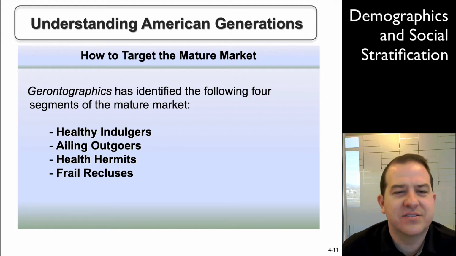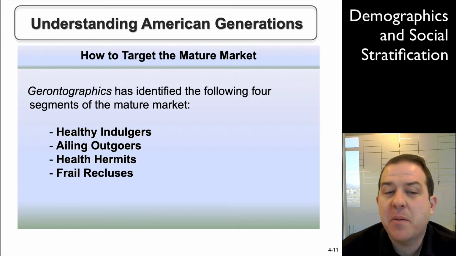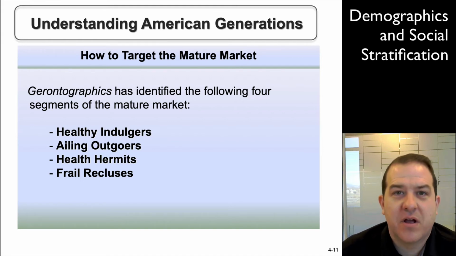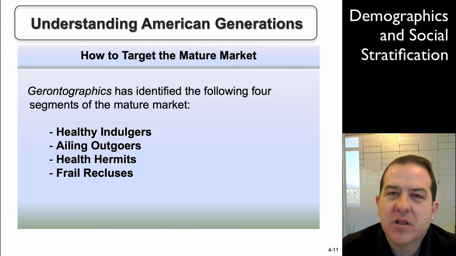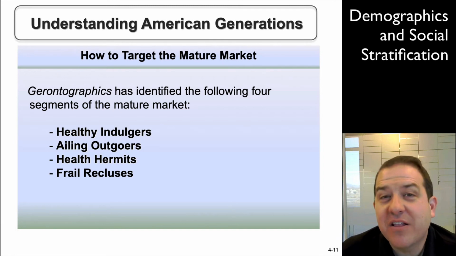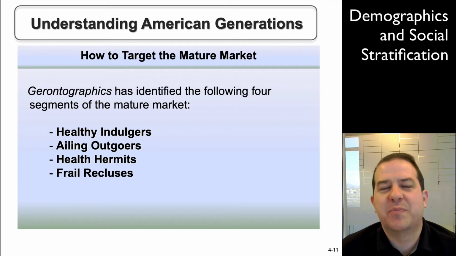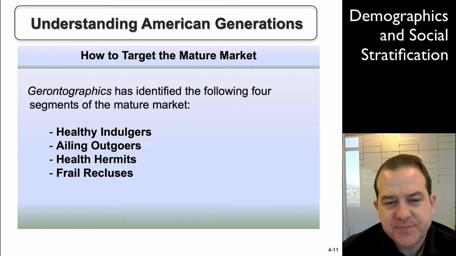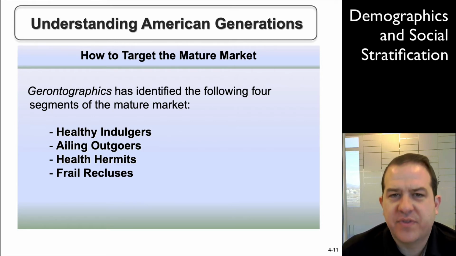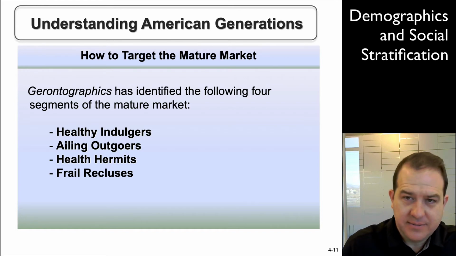Those kinds of things are probably aimed at 2 or 3 of these groups. And then we have the frail recluses. These are the "I've fallen and I can't get up" group that people market to. They stay at home, they're really weak, and they're just trying to survive.